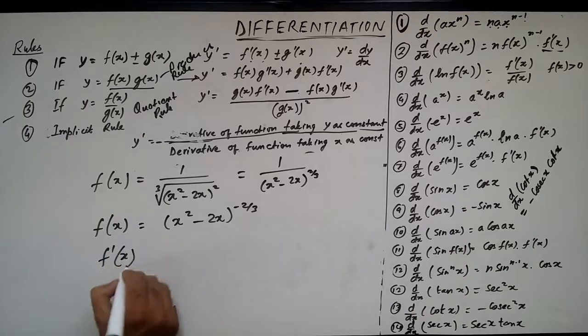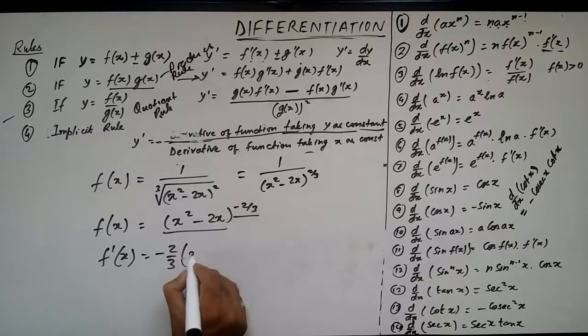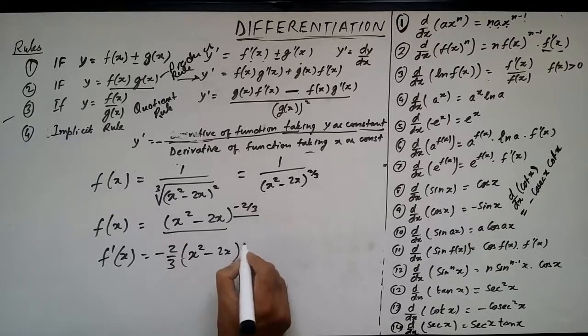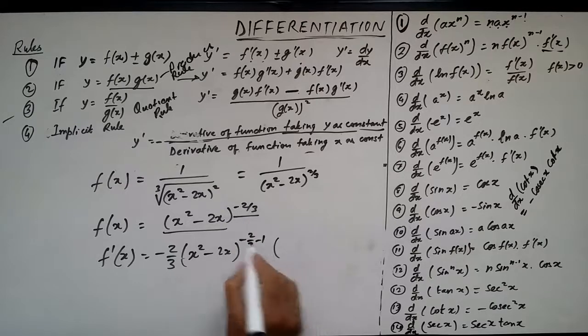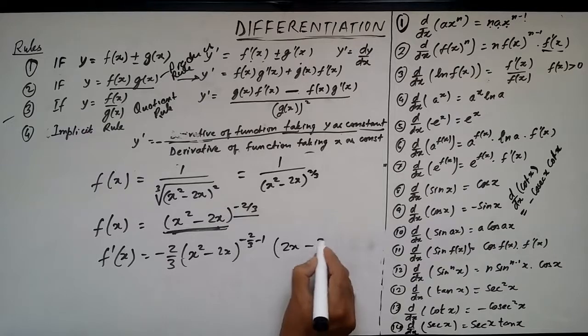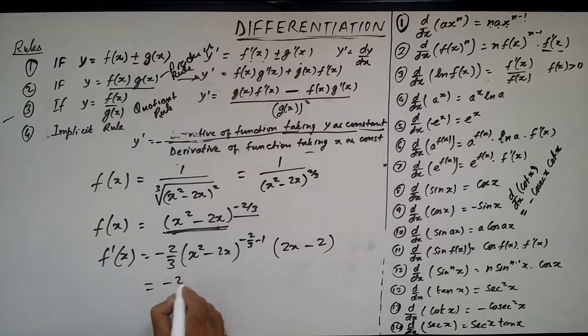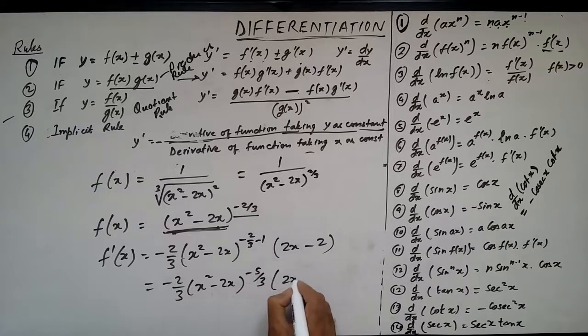Again applying that rule, minus 2 by 3 multiplied by this function to the power minus 2 by 3 minus 1, decreasing the power by 1, and then taking the derivative of this function, that is 2x minus 2. So this becomes minus 2 by 3 (x squared minus 2x) to the power minus 5 by 3 into (2x minus 2).